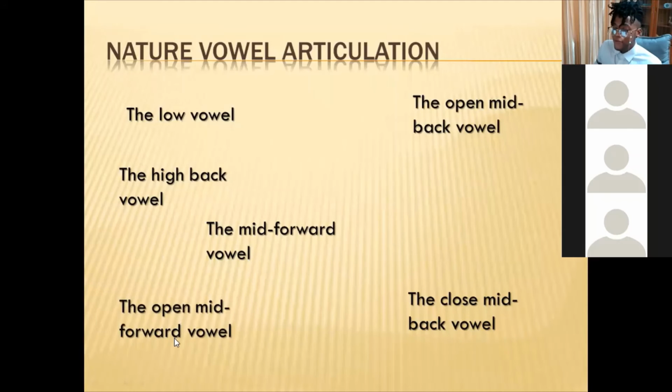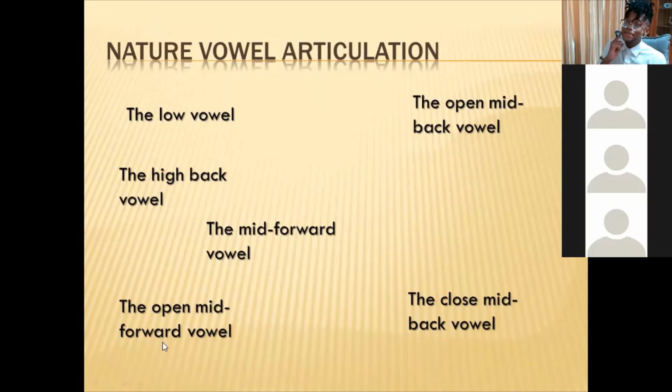The open mid forward vowel. Mid forward. Which one do you guys think this one is? Okay, so this would be like an A. So it's open, the lips are open, it's in the middle position, and it's forward.